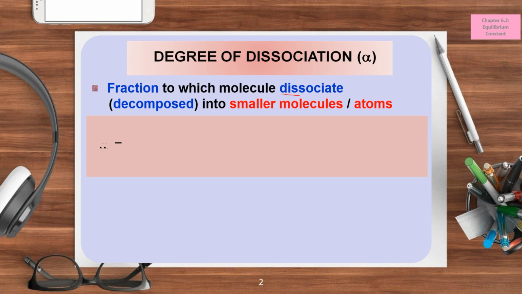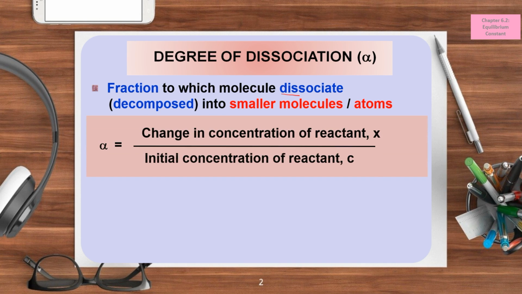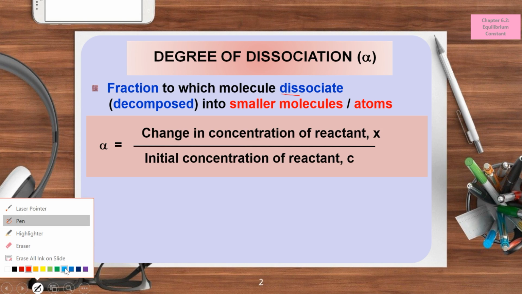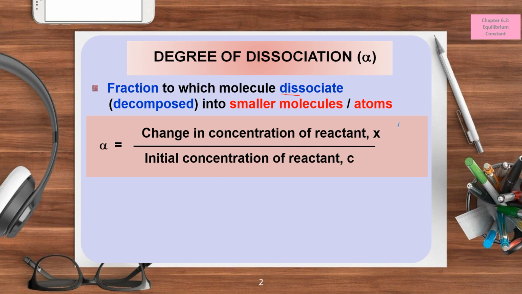Right, so we have a formula here. If the question asks about degree, it means that you have to calculate in the form of a fraction or ratio. How to calculate: the change in concentration of reactant, that is referred to as X, over the initial concentration of reactant.